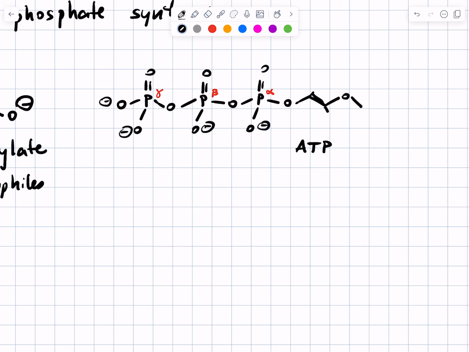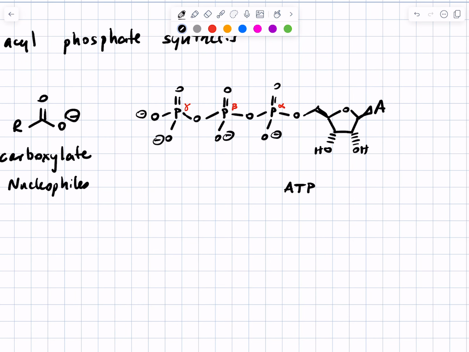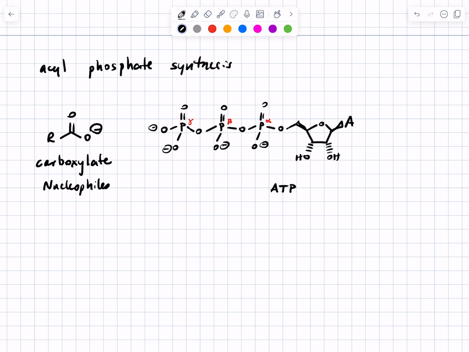Then I've already drawn adenosine today, so I'm not going to draw the adenine base on the ribose ring. We could do that, but we'll just put A there. Hopefully that's okay. If you look at ATP, again, the functional groups, when a phosphate is attached to another phosphate, that should sort of resemble to you an anhydride, where a carbonyl carbon is attached to another carbonyl carbon via an oxygen.